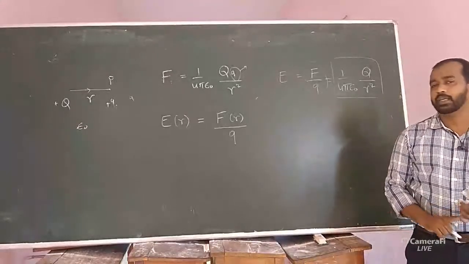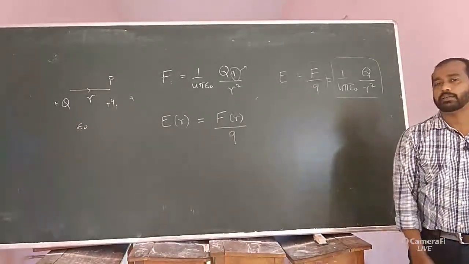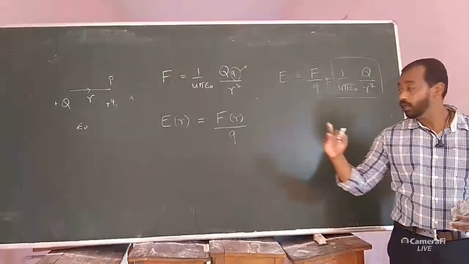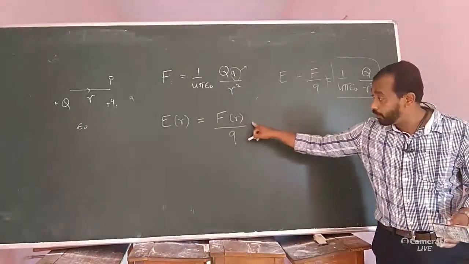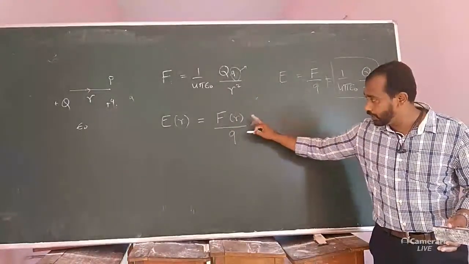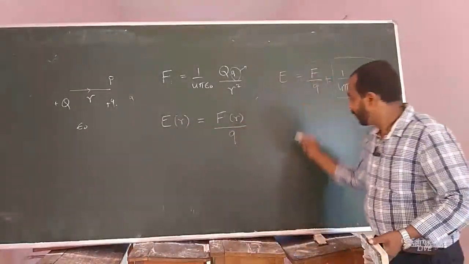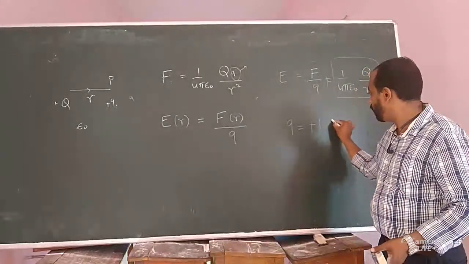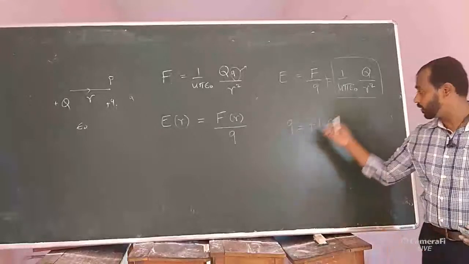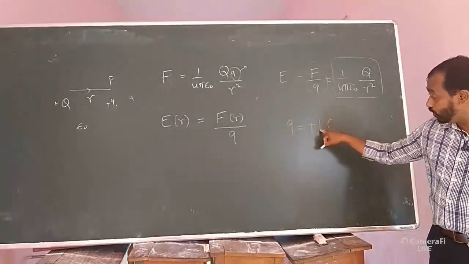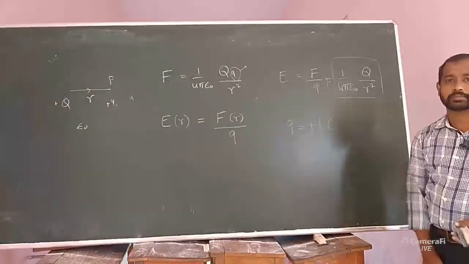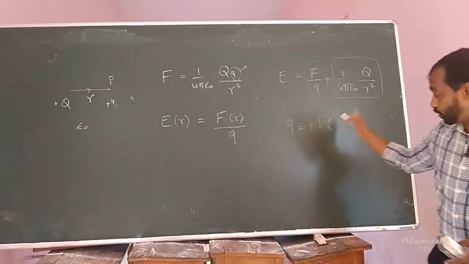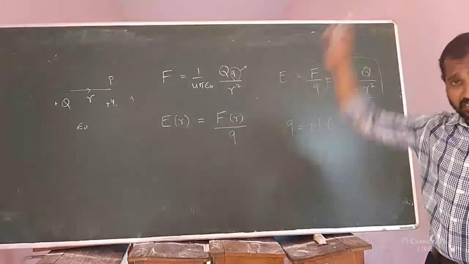How do we define the electric field? That's the question. Here, with the help of this equation, we are defining E. Let us imagine that q is equal to plus 1 coulomb, which is known as unit positive charge. Remember that this unit positive charge is a much larger charge.